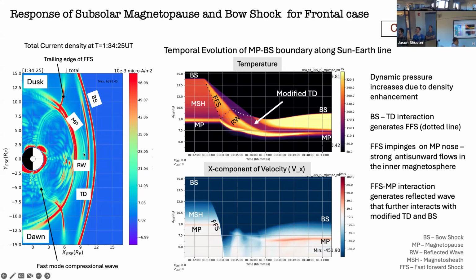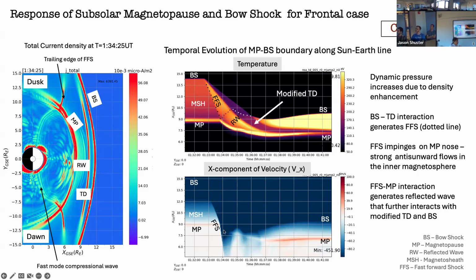If we take a horizontal cut along the sun-earth line and plot it and see how it evolves over time, that is what we're doing here, looking at the temperature and the velocity profile. So this is the point where the fast forward shock propagates into the magnetosheath, and this is where it impinges on the magnetopause boundary.